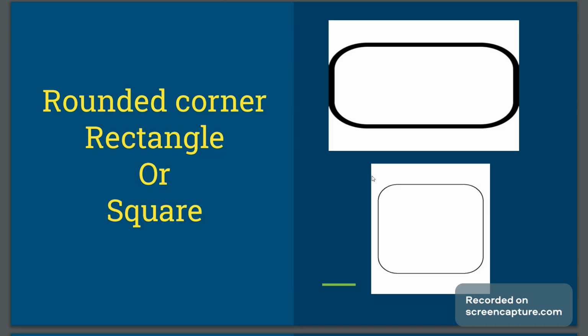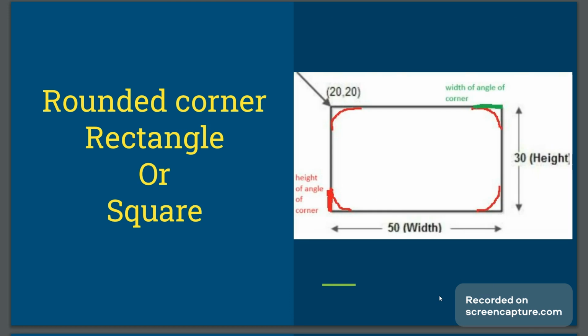Now next, suppose I want to draw a rectangle or square with a rounded corner. Many times we need to draw such a shape that has rounded corners. So what parameters do we need for this? As we have seen, for a rectangle or square only four parameters are needed, that is x, y, width and height. For this rounded corner we need two additional parameters. In the previous rectangle, we started with this x, y having width and height.